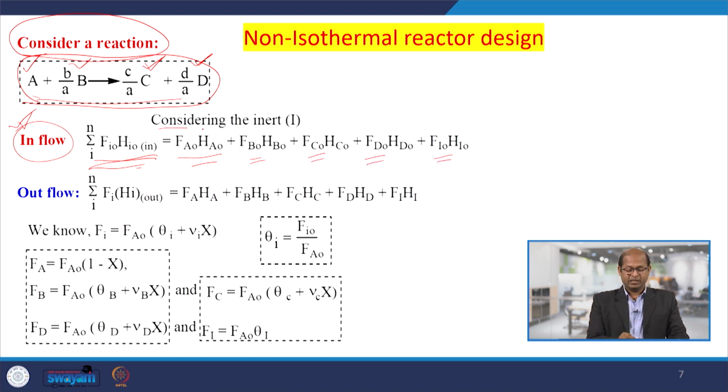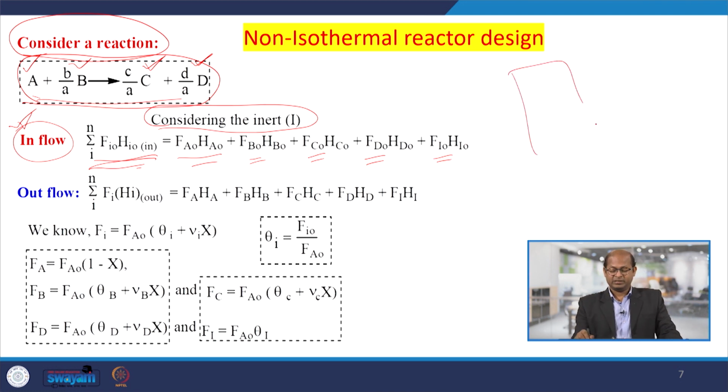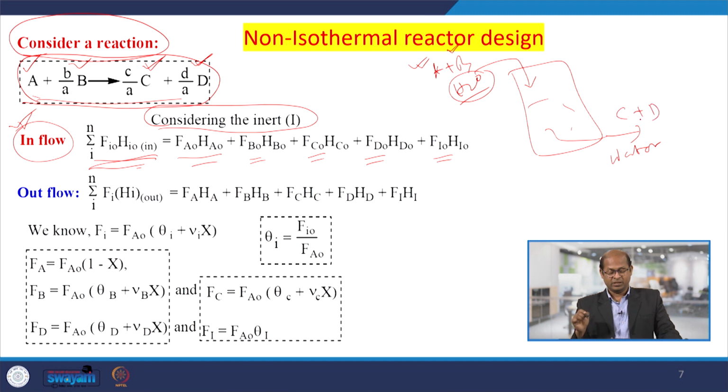If any inert component is also present in the reactor, let us say water is there with A and B, so water is the inert, A is the reactant, B is the reactant, then water is also leaving the system as inert material with C plus D. So, all components you have to consider in the summation, i equals 1 to n.